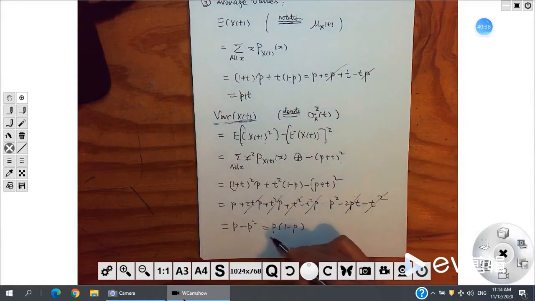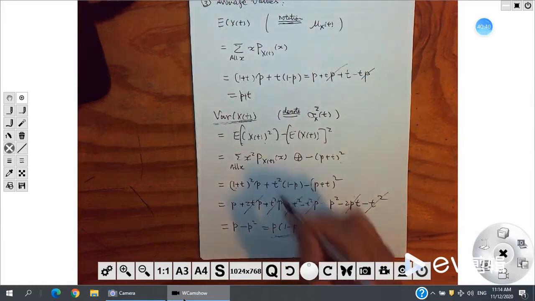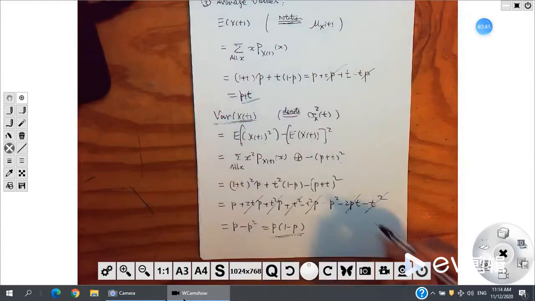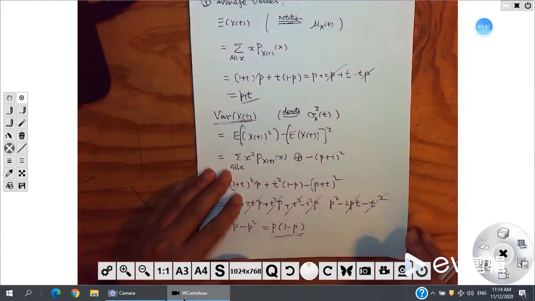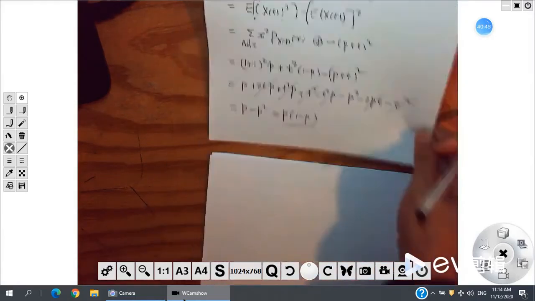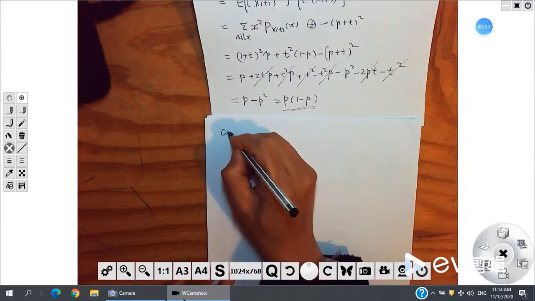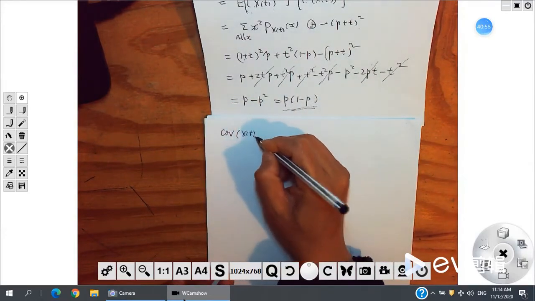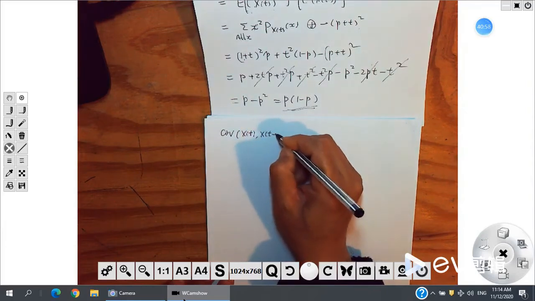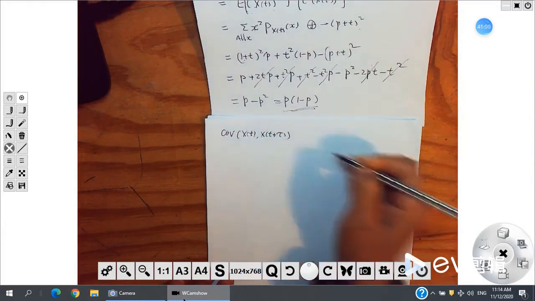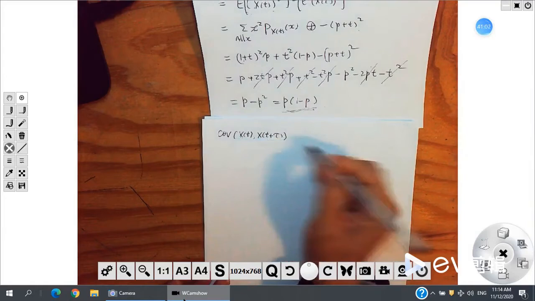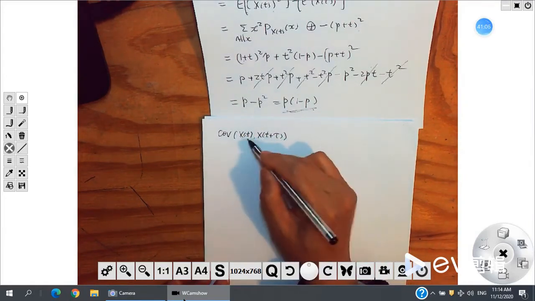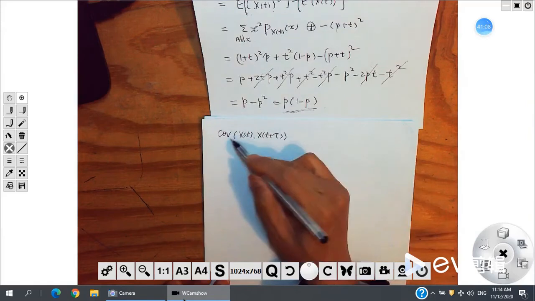This is the variance of this random process for different t. Okay, this number is independent of t, but the mean is dependent, right? It contains some t inside. And we can also compute the covariance of x of t and x of t plus tau for different t. If tau is 0, they should be the same. When tau is not 0, these are two different random variables, and we check the covariance.